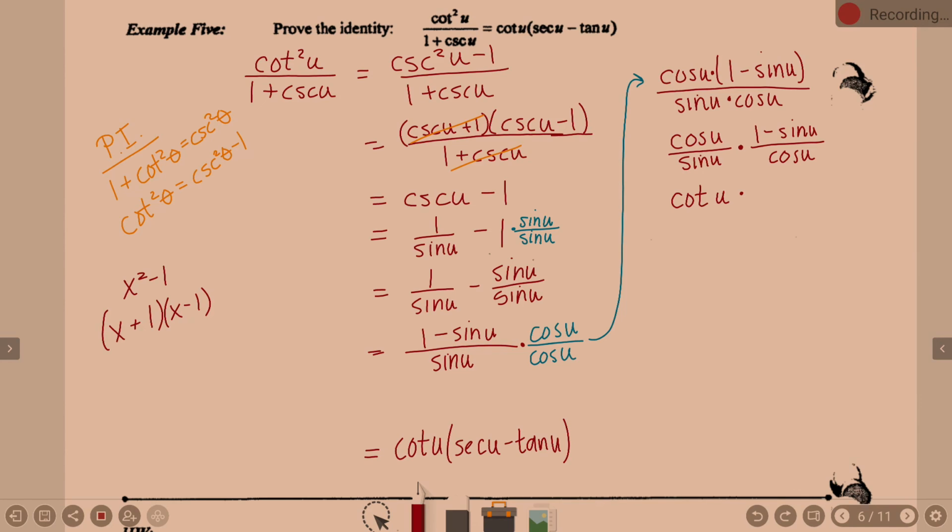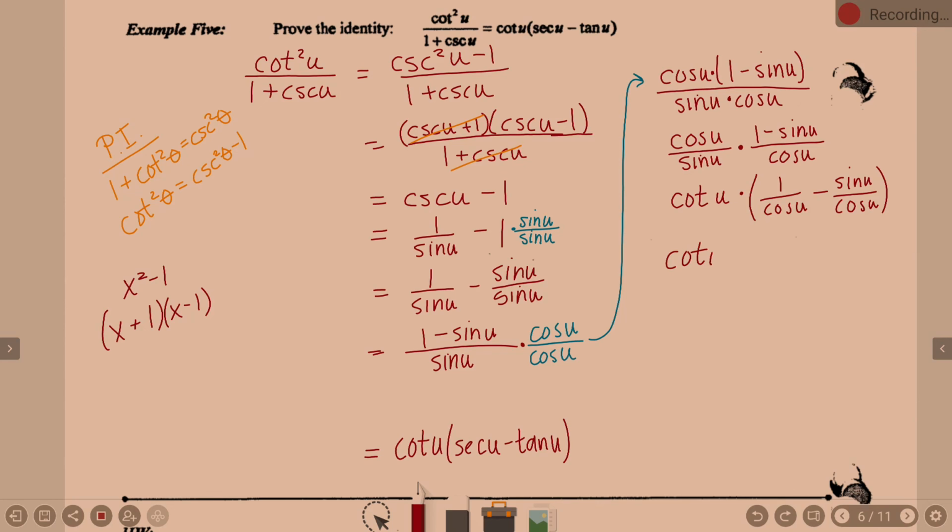A denominator in a fraction goes with each term in the numerator. So more separating. I'm going to write this 1 over cosine u minus sine u over cosine u. Do we have what we need?